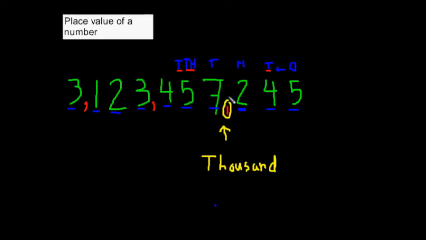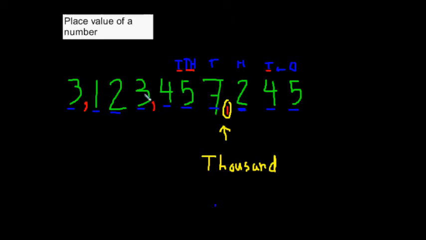We always have to understand that every 3 digits we write a comma, and that comma changes the set of the value. For example, all the numbers here are ones, all the numbers here are thousands, and all the numbers here are millions.